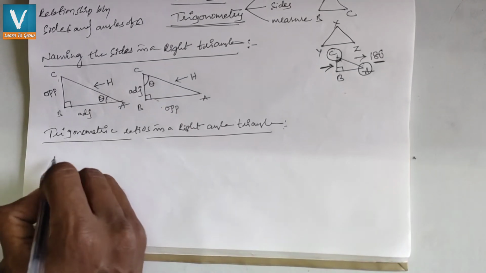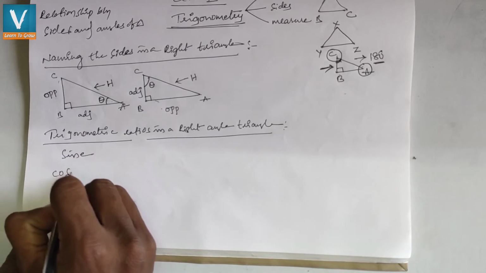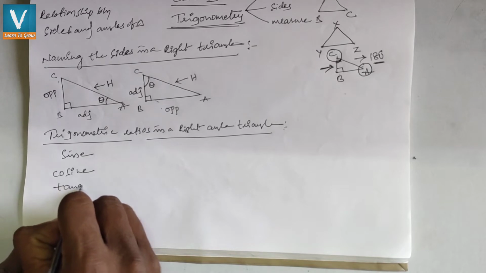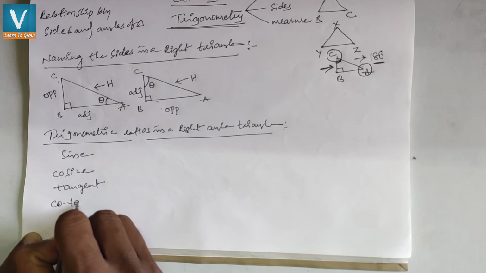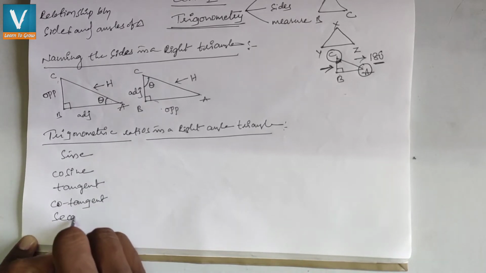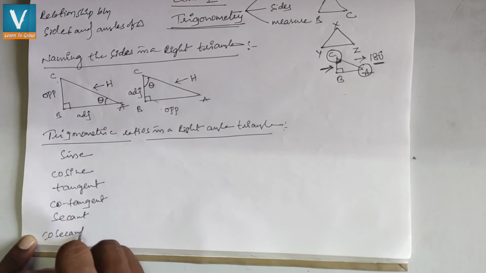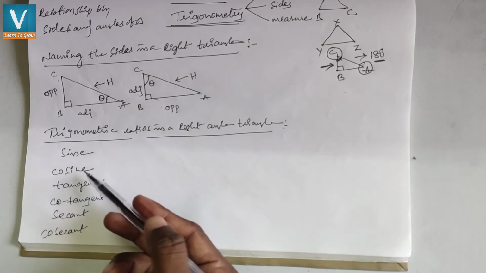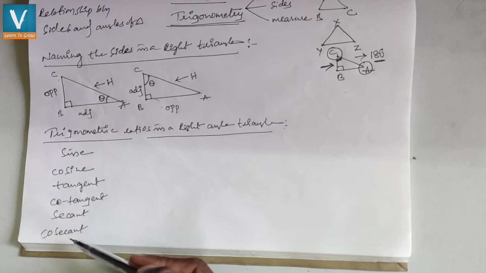Those are sine, cosine, tangent, cotangent, secant, and cosecant. So these are the 6 trigonometric ratios which we have.